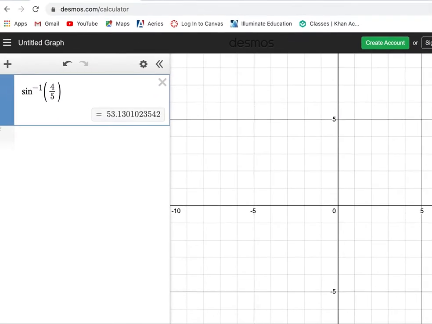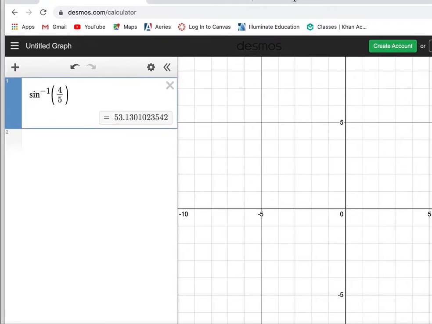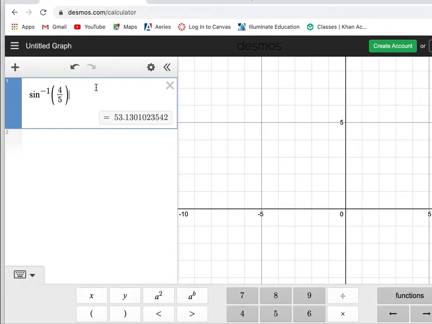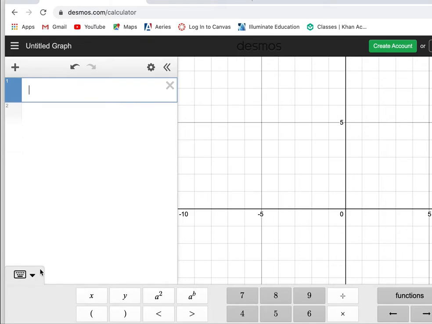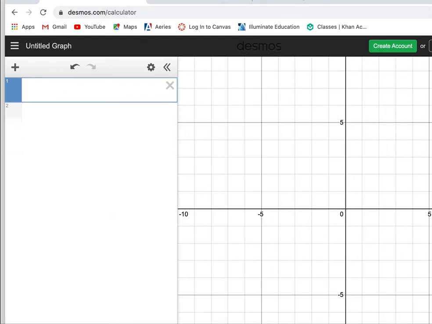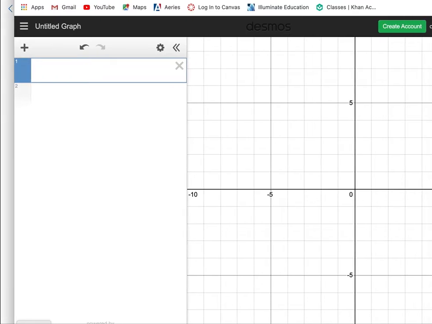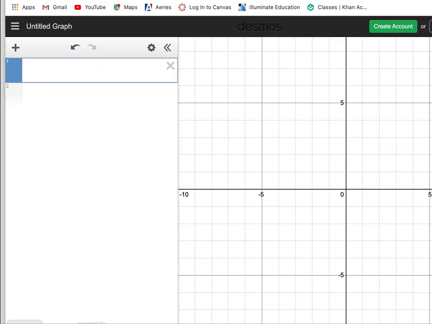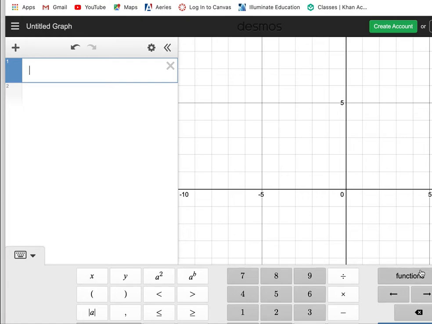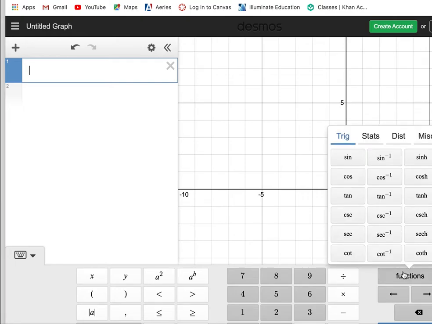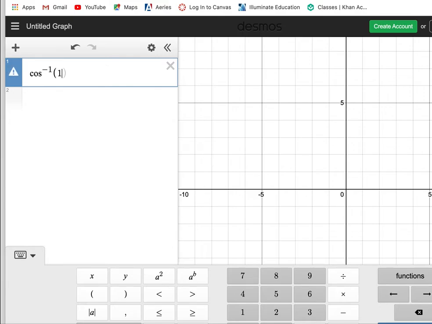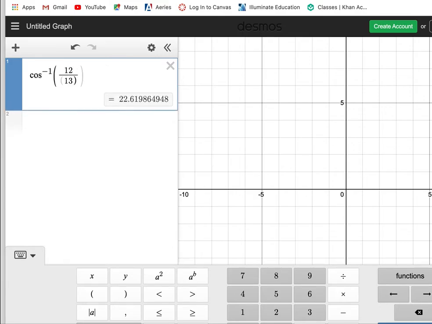Here's Desmos. In order to do it on Desmos, in the bottom left there's a keyboard, so you're going to bring that keyboard up. Where it says functions, you have all these functions. If you did cosine inverse of 12 divided by 13, you would also get 22.6.